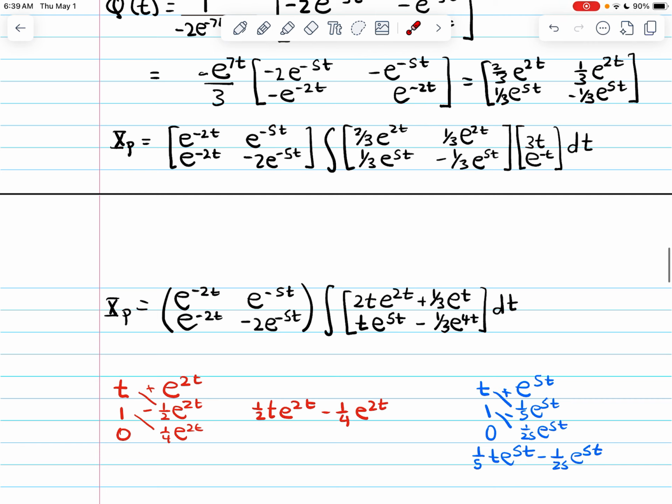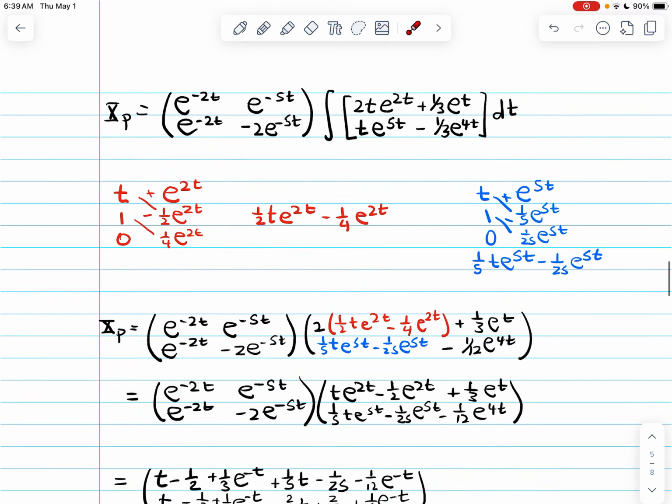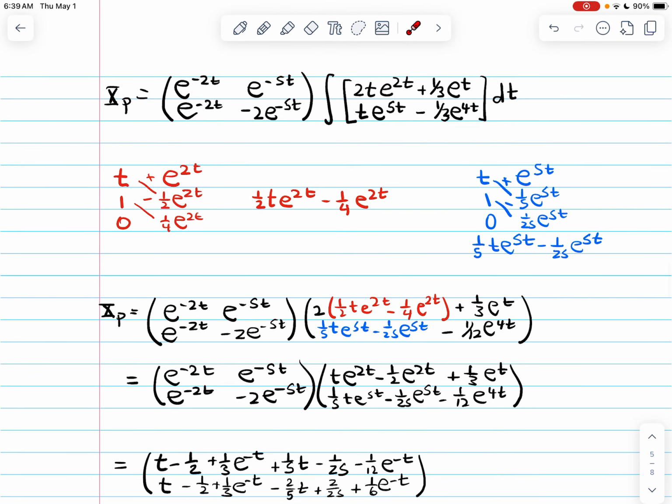And then you just integrate component by component. So I want to integrate this, and I'm using integration by parts or tabular integration. I want to integrate this, integration by parts, tabular, and I get this. Okay, here's what I have now.